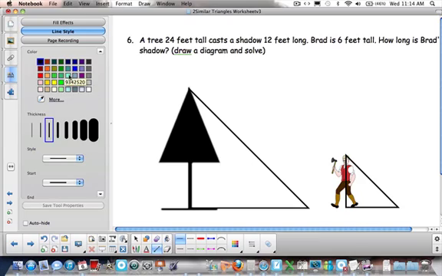So here is the tree, and we're told that the tree is 24 feet tall.